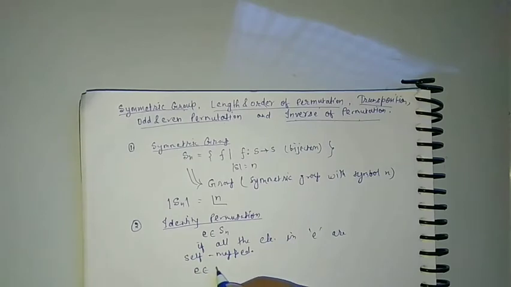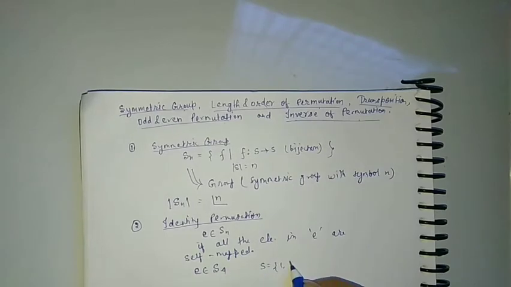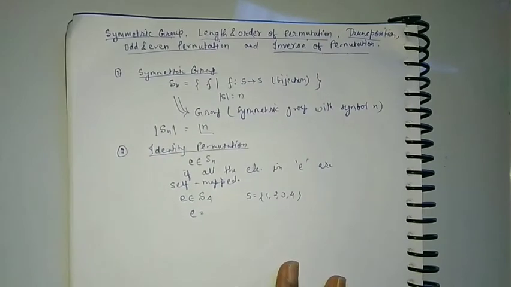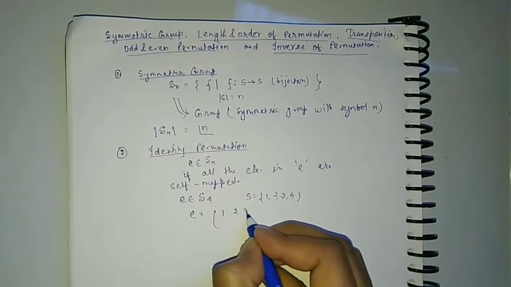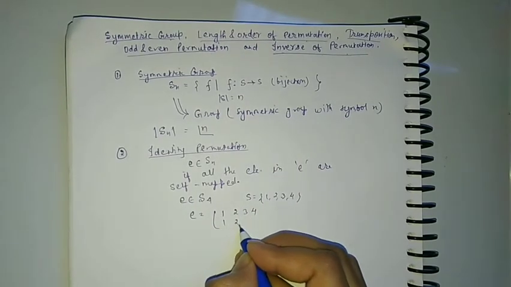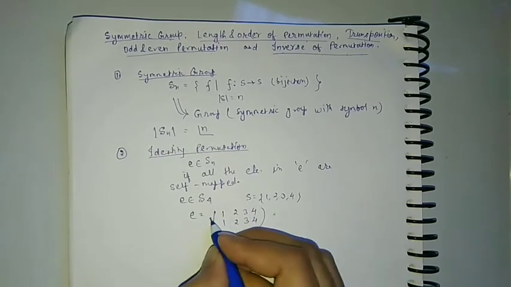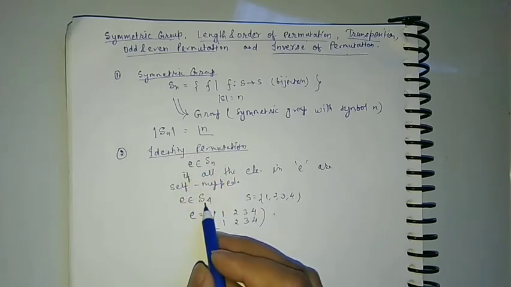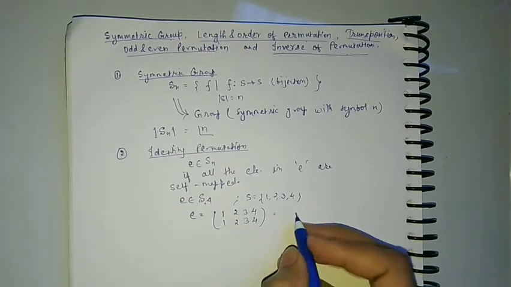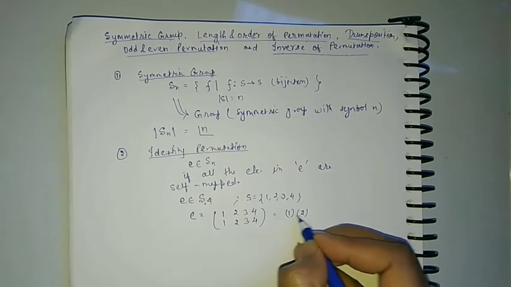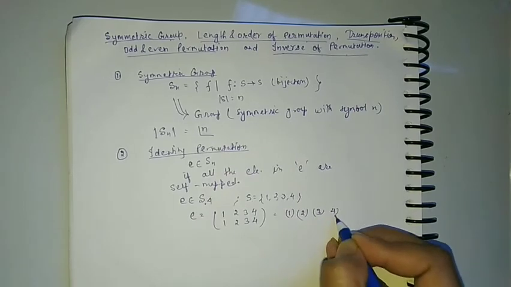For example, if E belongs to S4, that is, E is the identity permutation on S4 where the set S is 1, 2, 3, 4, then E can be given as the permutation 1, 2, 3, 4, where 1 maps to 1, 2 maps to 2, 3 maps to 3, and 4 maps to itself. So this is the representation of the identity permutation on S4 defined on this set S. It can also be denoted in this form: single cycles (1), (2), (3), and (4).